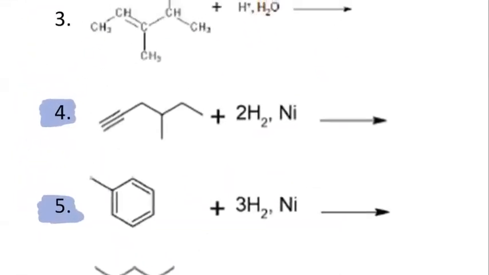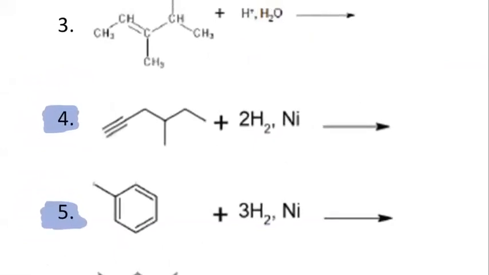So when we go to 4 and 5, we see specifically that we have an alkyne, we have an arene, and then we have a number of hydrogen atoms that are added to them. And in this case, we have nickel as our catalyst.